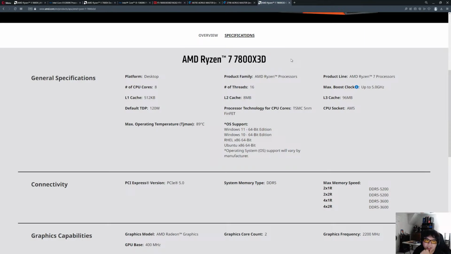Most likely the power consumption on this is going to be way less than a 13900KS, and gaming performance is probably going to be chart topping. And you don't have to tweak it, and it's less power than the non-3D, like a 120 TDP. So this one's probably going to be a bestseller, just like the 5800X3D was. And you don't have to do any sort of tweaks to control temperatures. So yeah, this one's going to be really good.